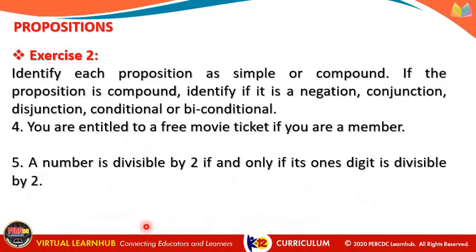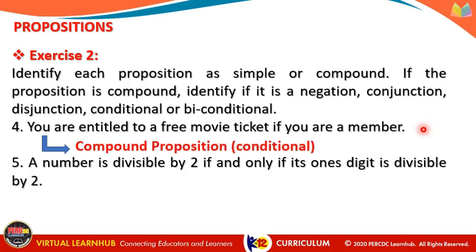Next, you are entitled to a free movie ticket if you are a member. So as you can see, we have the word if here. Thus, this is a compound proposition. Specifically, this is a conditional proposition. Number 5, a number is divisible by 2 if and only if its ones digit is divisible by 2.